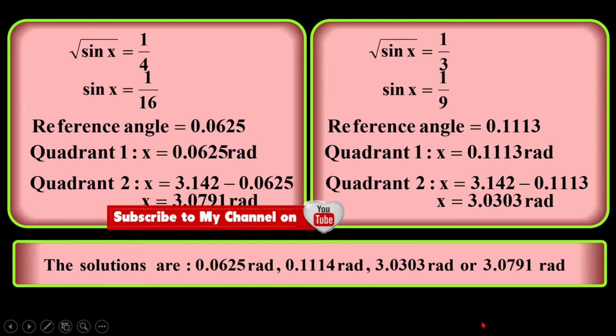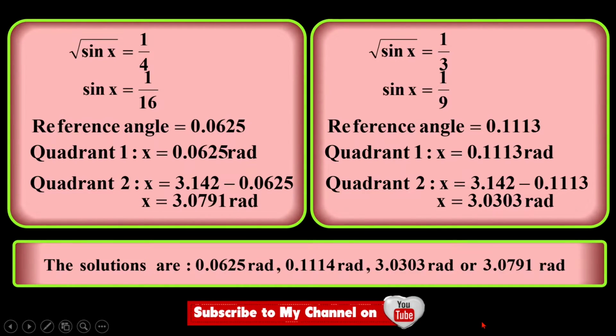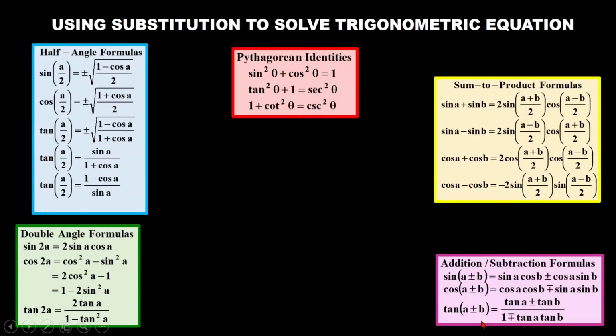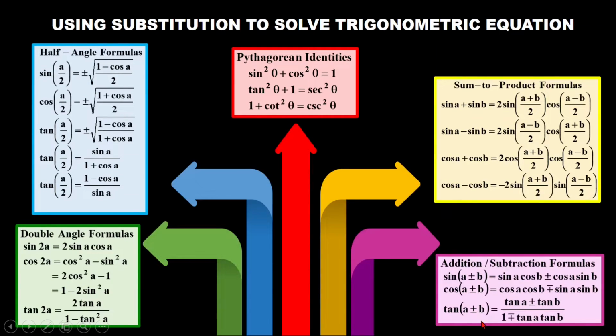Now, other than this type of substitution, there are also substitutions which need you to remember all these formulas. Some are given in the list, some are not. So you need to check the formula list with your teacher, the STPM formula list, to see which one is given and which one is not.